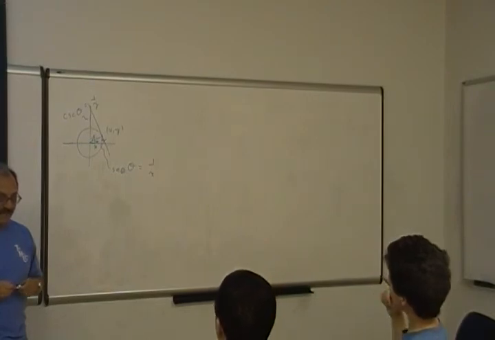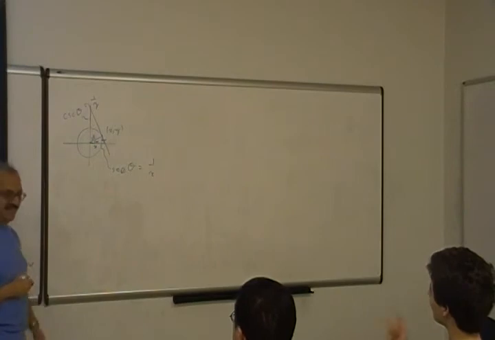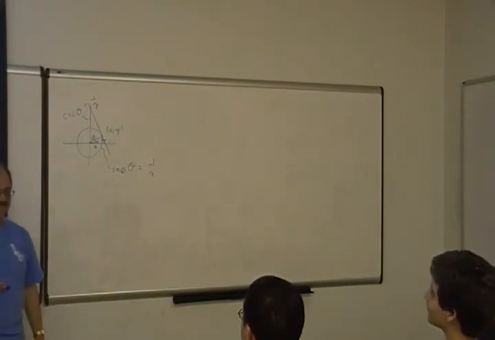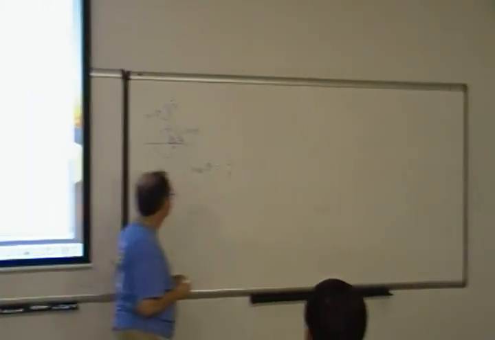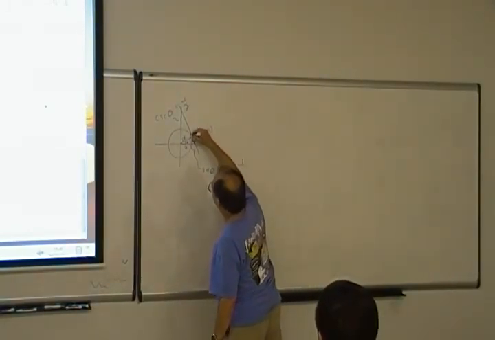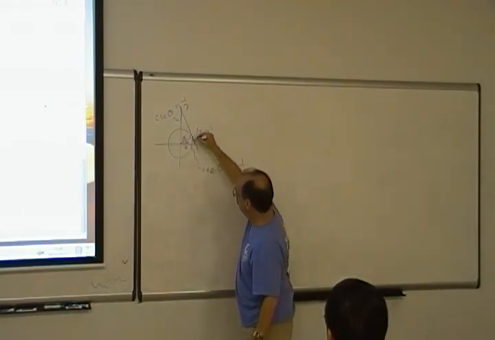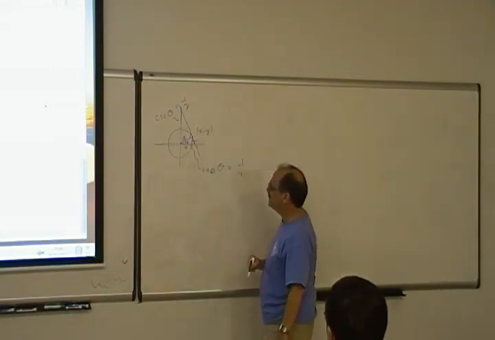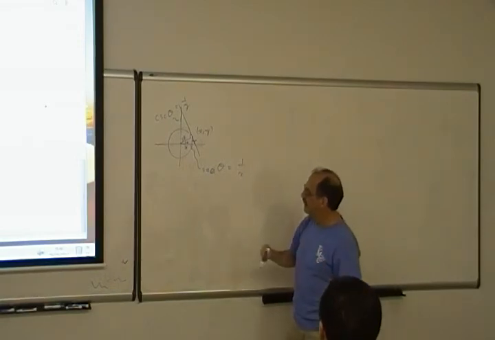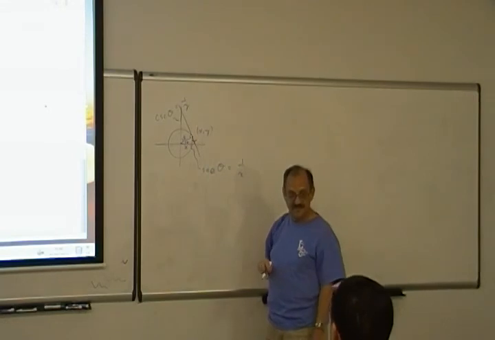You want to come up and explain? There you go. Okay, well then tell me. You want me to do the writing? Well, the tangent line and the radius are perpendicular. Yes? That makes another right triangle. This is a right triangle and this is a right triangle. Yes? There's also one for the cosecant. Yes, let's try to get this one.